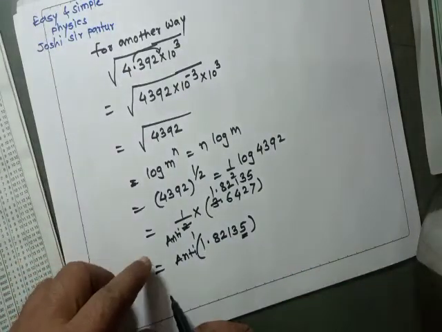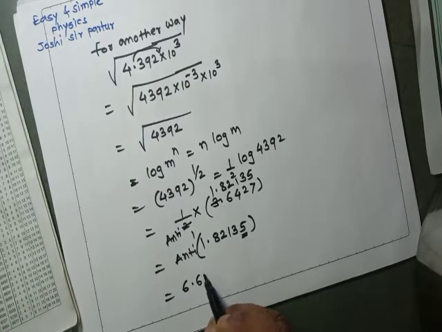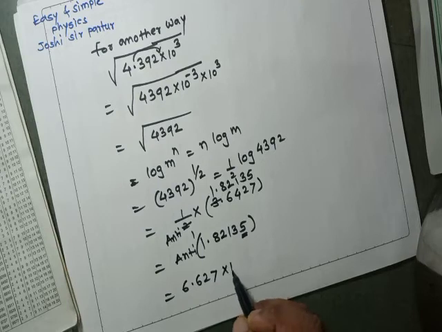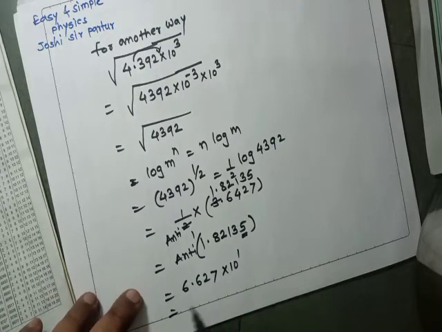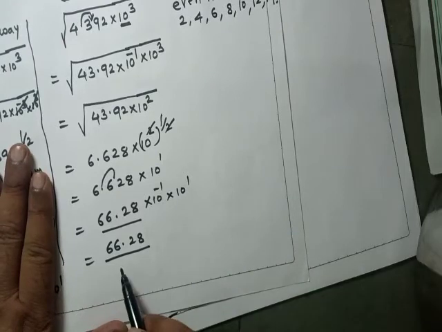So it is 6.627 into 10 to the power 1. And so its answer will be 66.27.